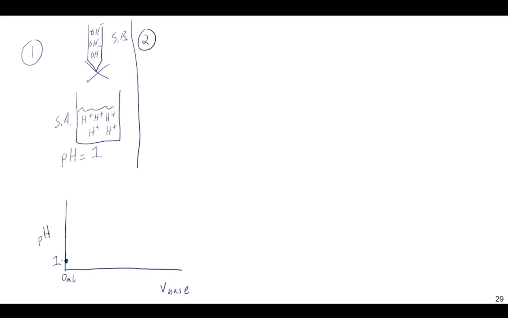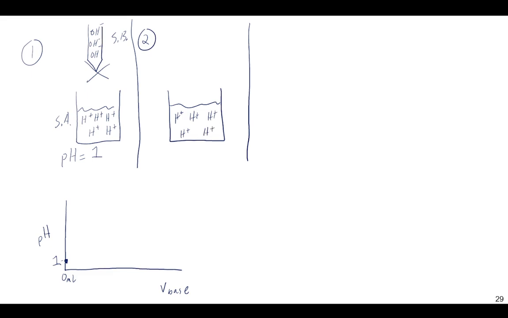Type number 2 is where we're now adding a little bit of the base. Right? So we still have the same strong acid down here, H plus, H plus, H plus, H plus, H plus.